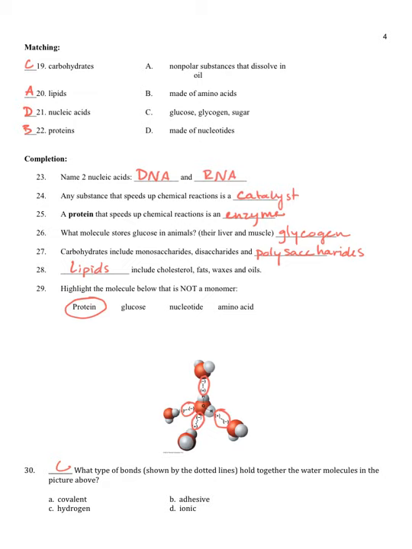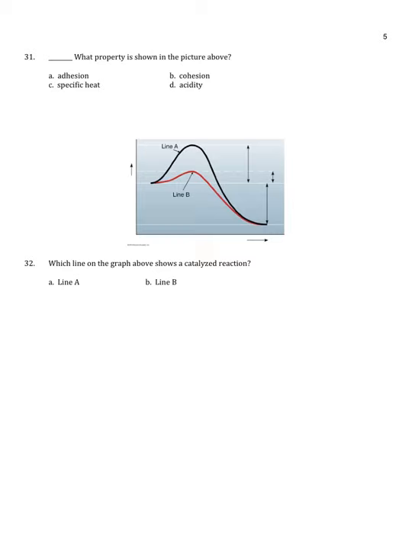Remember, hydrogen bonds are the type of bond that form in liquid water and hold water together enough to create something called surface tension. It's also described as the property cohesion. The property of water molecules sticking to other water molecules is indeed letter B, cohesion.